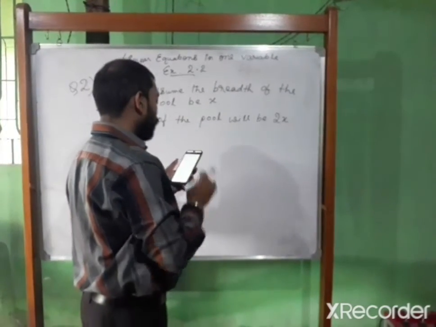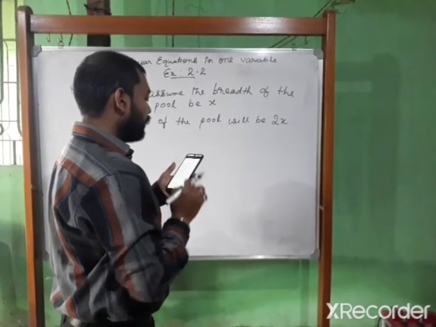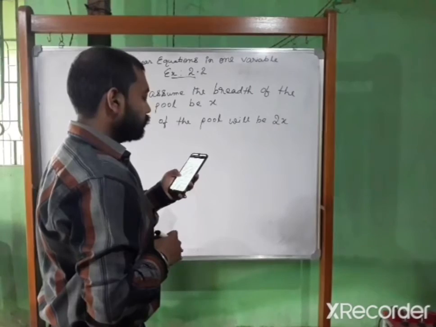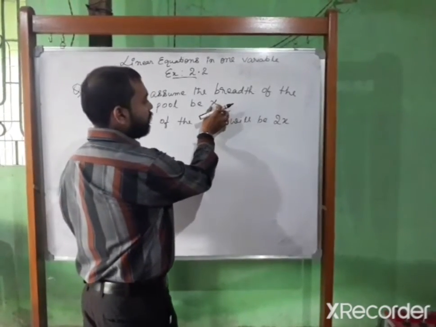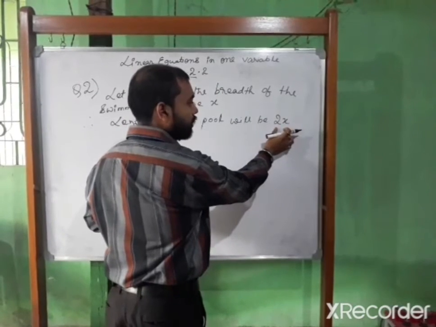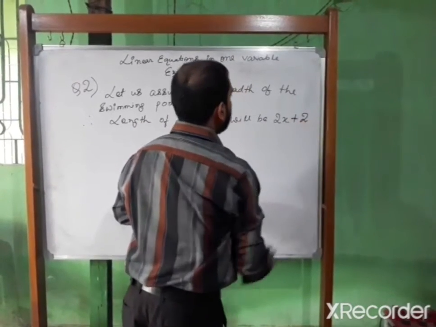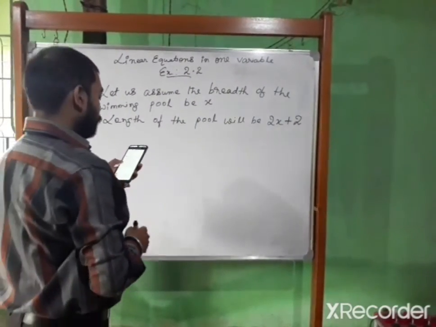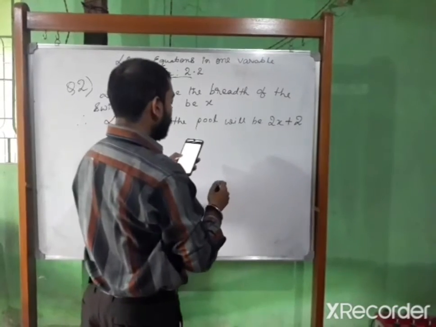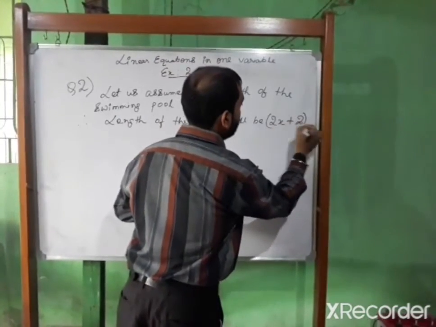Why plus 2? Because it is given clearly in the question that the length is 2 more than twice its breadth. So breadth is x, the length is twice x, 2 more, so it is plus 2. This will be our length, and since the value is given in meter, let us take x meter.